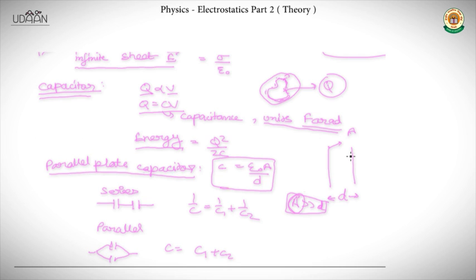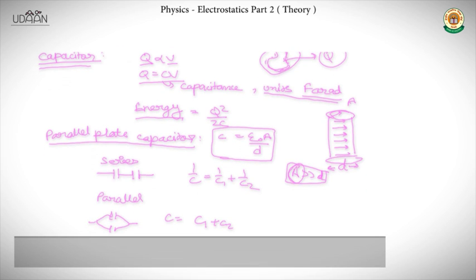Under this situation, we can consider that all the electric field lines are like this, and the boundary conditions can be ignored. For capacitors placed in a series combination in a circuit, like this is how a capacitor is shown, the effective capacitance is 1 by C is equal to 1 by C1 plus 1 by C2, and for parallel it is C is equal to C1 plus C2. This is the reverse of resistors.